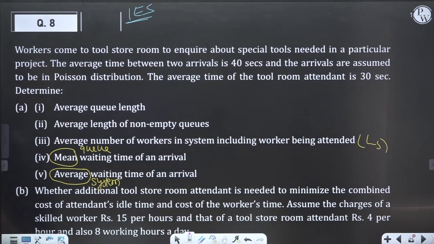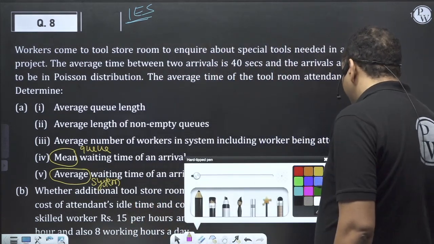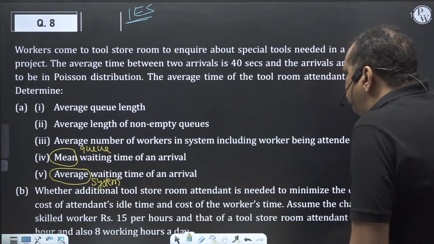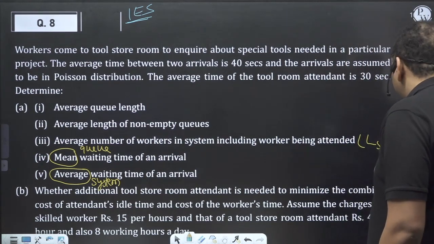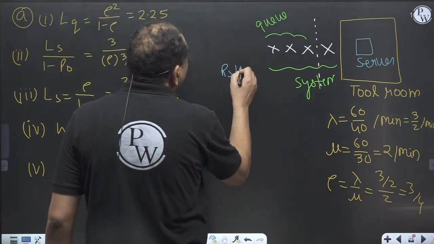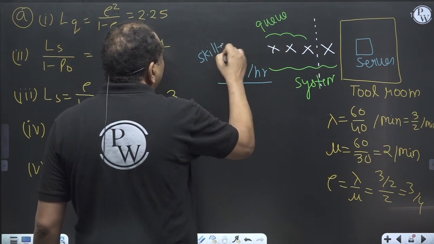Assume the charges of a skilled worker is rupees 15 per hour.